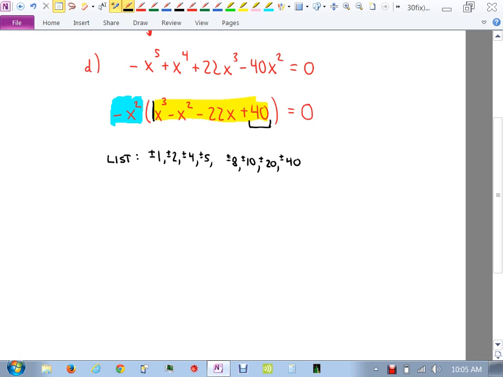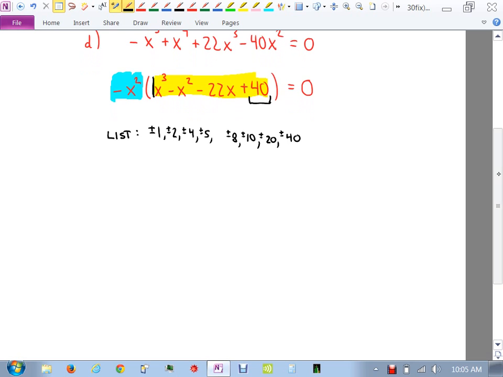That's it. 6 doesn't work, 7 doesn't work, and once you make it to 8, you've met in the middle, you're done. So we've got our list. Now we try our synthetic division on that yellow part. What do I put in here? 1, negative 1, negative 22, positive 40.